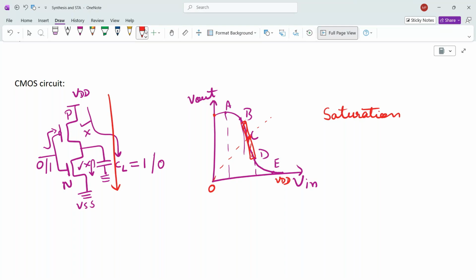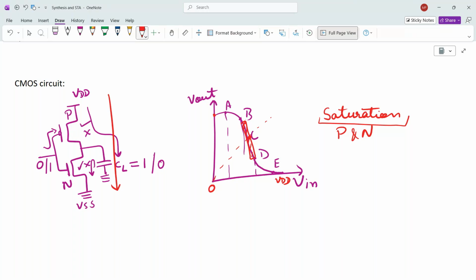This is called switching power, part of dynamic power, when switching happens 0 to 1 or 1 to 0.